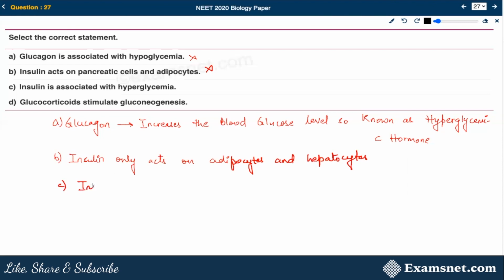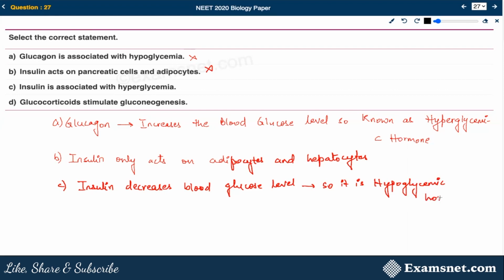Insulin decreases blood glucose level. Since this decreases blood glucose level, it is a hypoglycemic hormone, not a hyperglycemic hormone. So again, this is also a wrong statement.